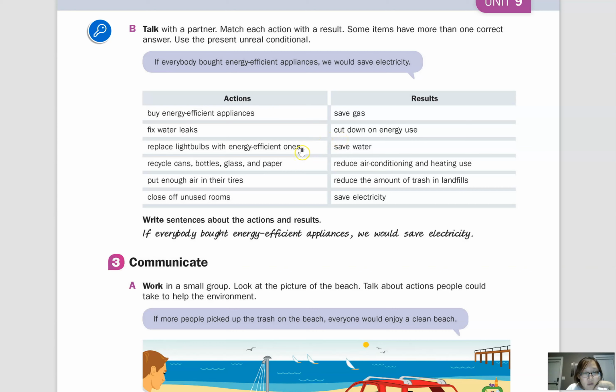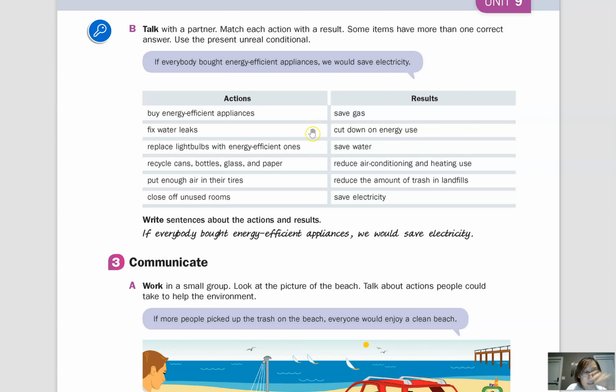But of course, we could also use we would save electricity. So these two, cut down on energy use and save electricity, they both work for buy energy efficient appliances and for replace light bulbs with energy efficient ones. So either answer is okay.